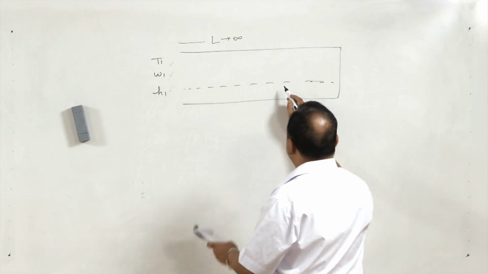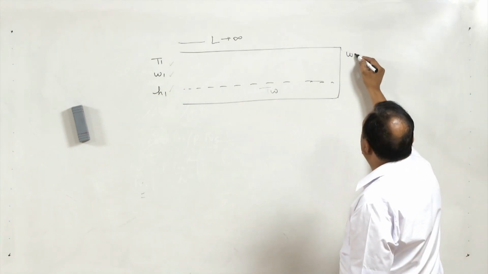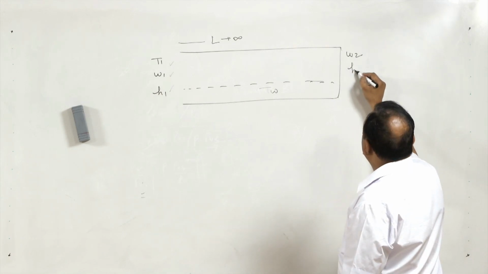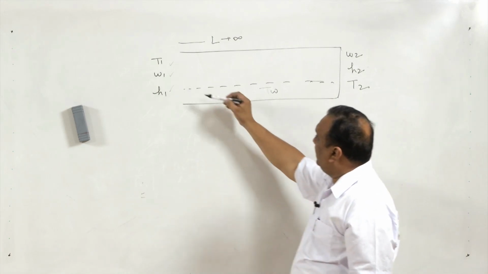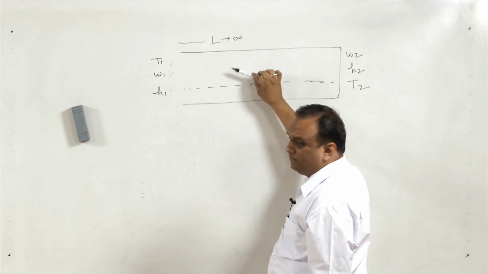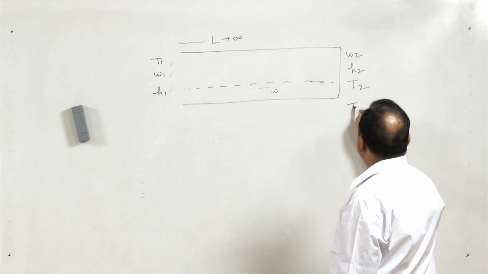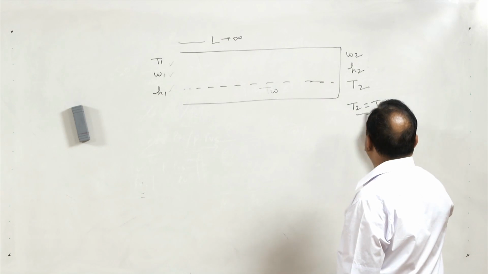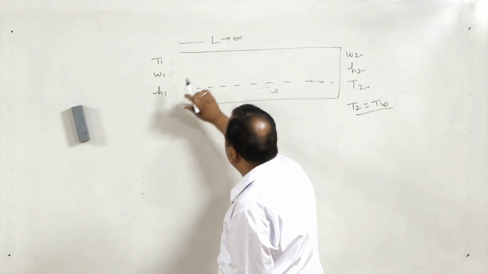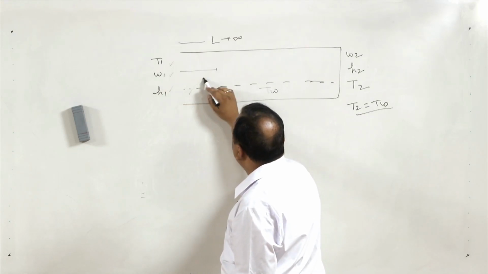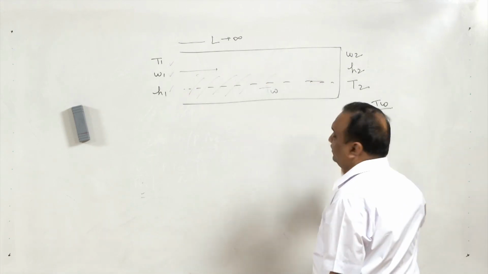This is the temperature of water, and this is the specific humidity, enthalpy and temperature on this side. When this air is completely saturated, T2 will be equal to TW, because during this course evaporation from here will take place and water will get mixed with the air till it is 100% saturated.